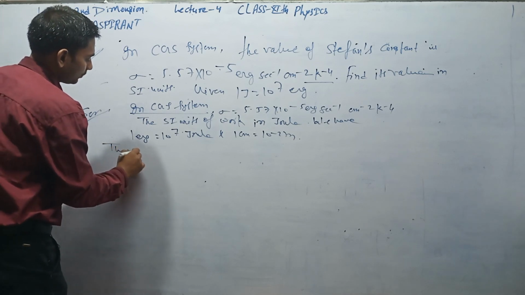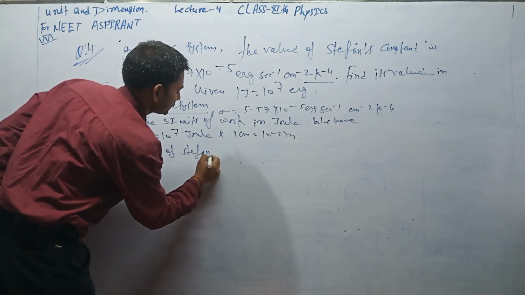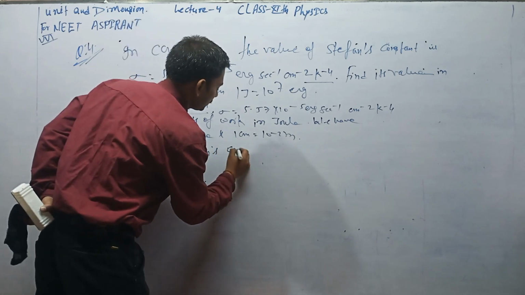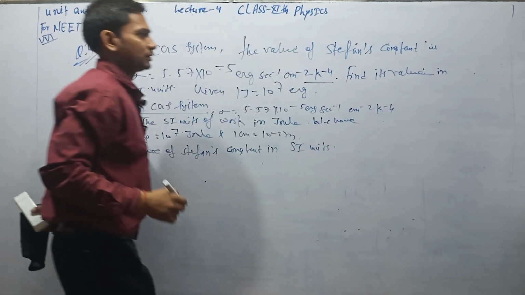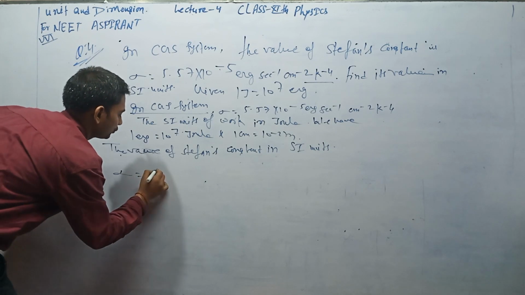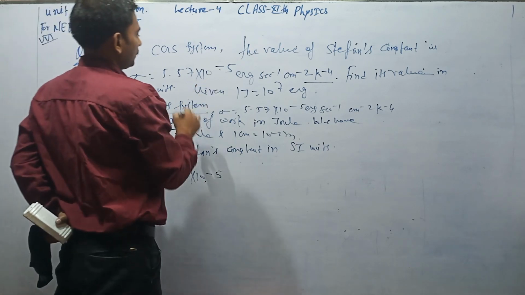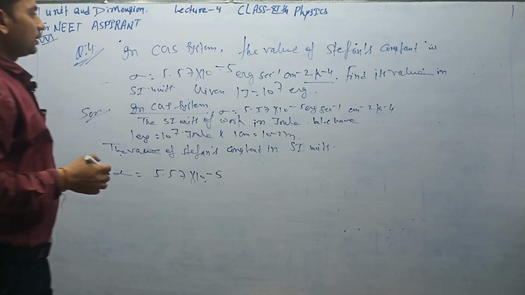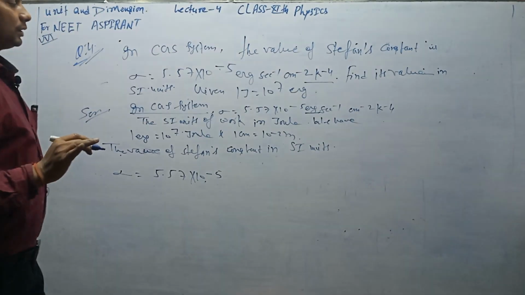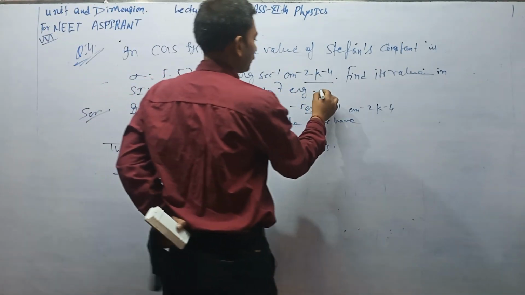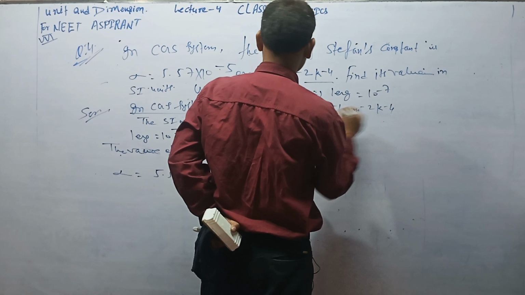The value of Stefan's constant in SI units: sigma equals 5.57 into 10 to the power minus 5 erg. 1 joule equals 10 to the power 7 erg, so 1 erg equals 10 to the power minus 7 joule.